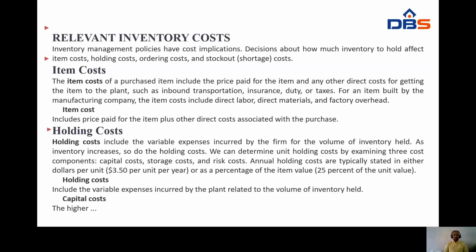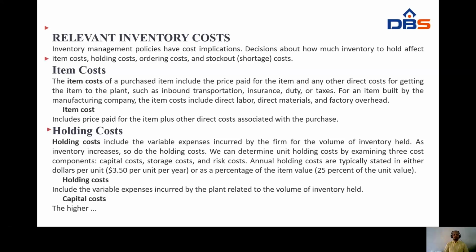The item cost of a purchased item includes the price paid for the item and any other direct cost for getting the item to the plant, such as transportation, insurance and taxes.